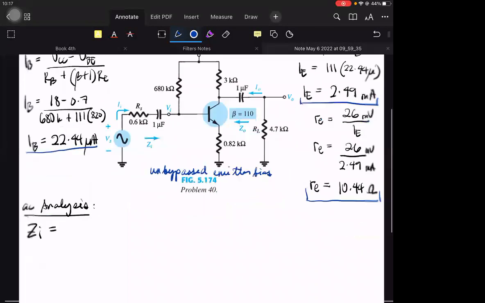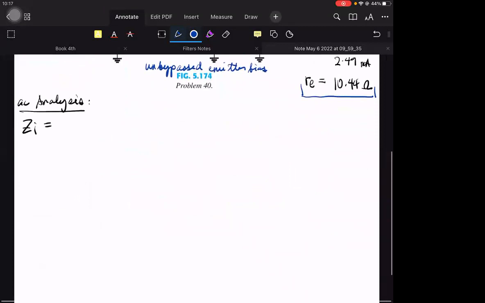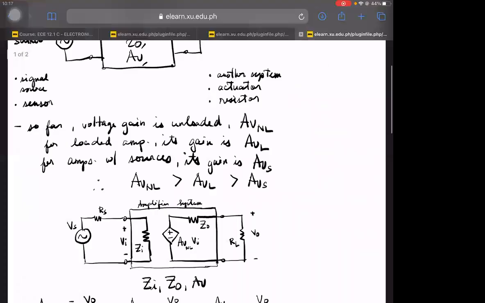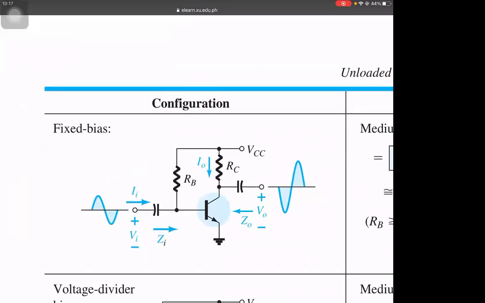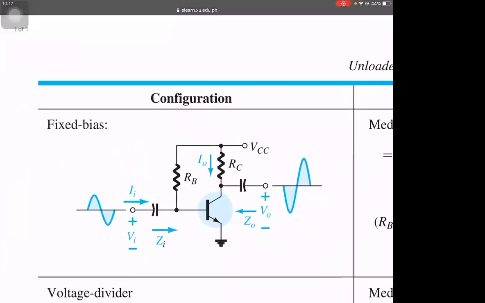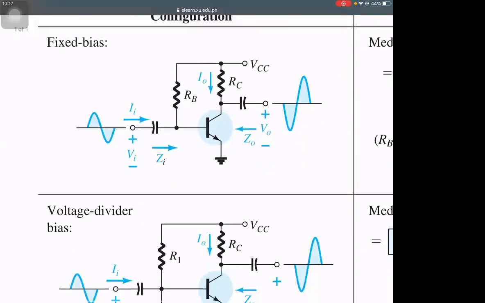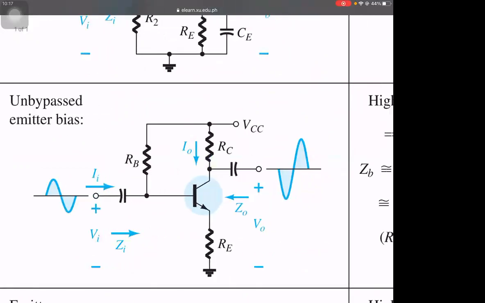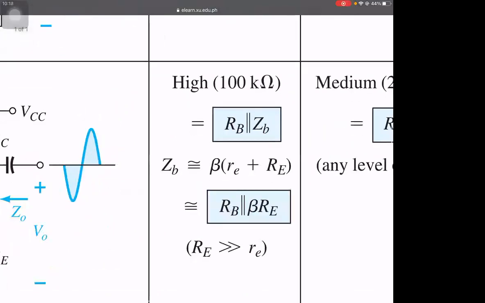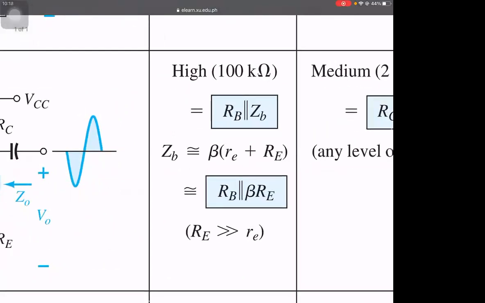If we refer to the formula, we can't use the one for fixed bias. We could use the fixed bias formula if the emitter bias had a bypass capacitor, but since it's unbypassed, we'll use this one. Unbypassed emitter bias. Let's check, is RE greater than re? Yes.